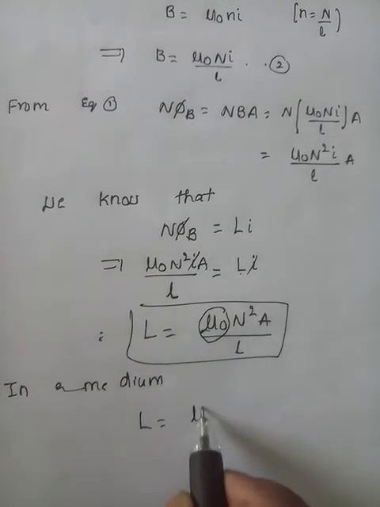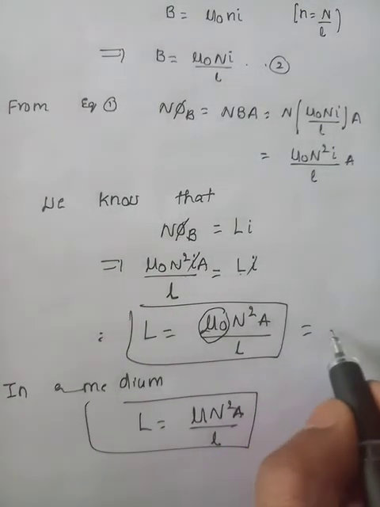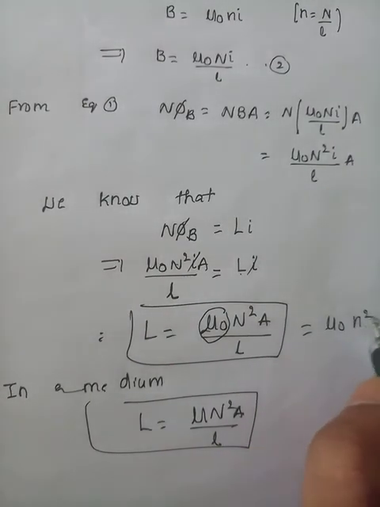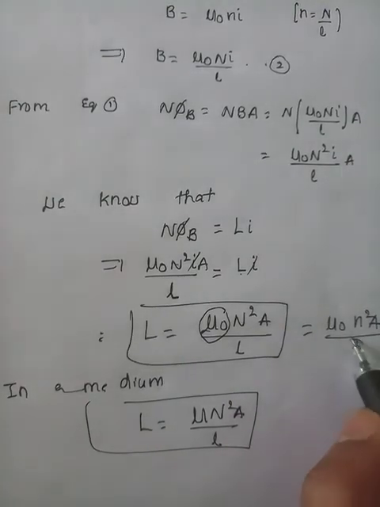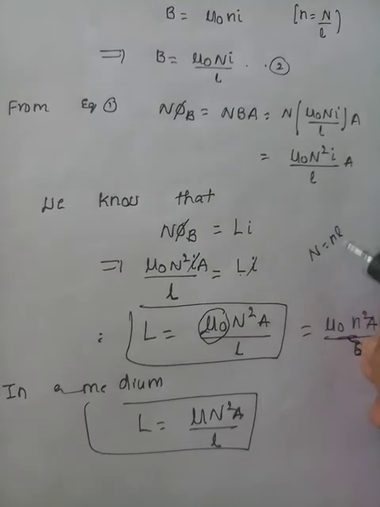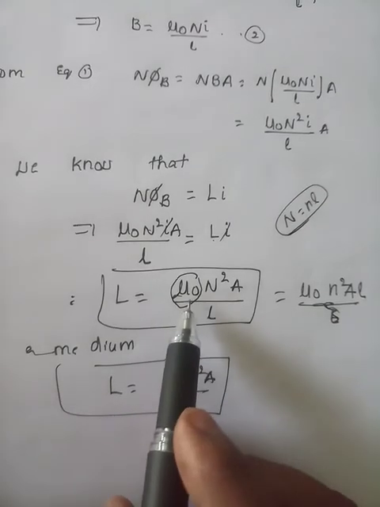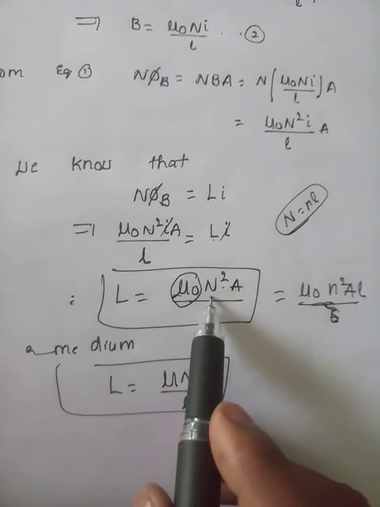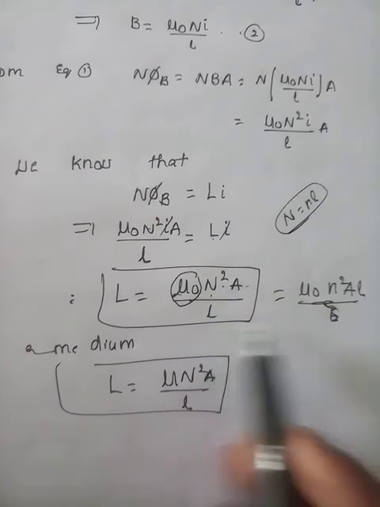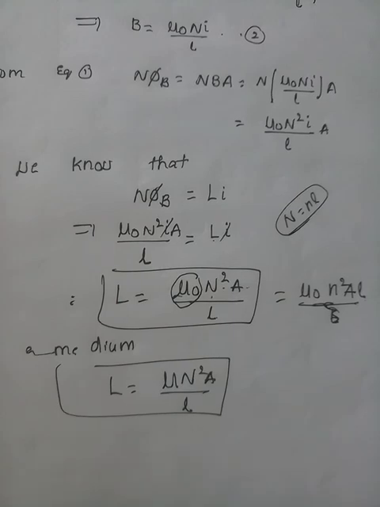L is equal to mu N square A by L, or this can also be written as mu n square A into L, because small n is equal to N by L. So, the self inductance of a solenoid depends upon the nature of the medium, the square of the number of turns, area of cross section and length of the solenoid. So, this expression is very important for 3 marks. This class is completely about self inductance. Clear, right? Thank you.